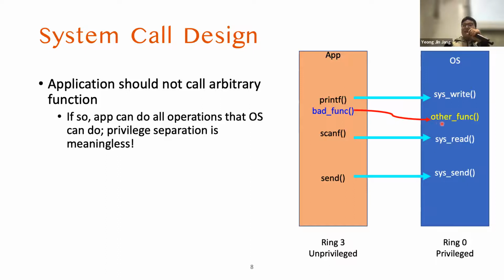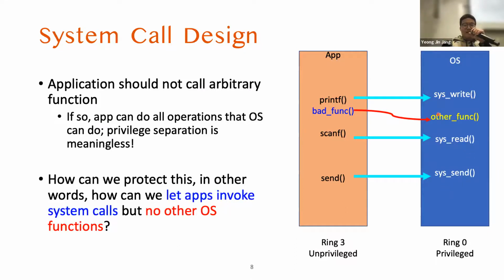If this kind of function call is possible, then the ring 3 application can do whatever the operating system can do. So we should prevent that kind of thing, and not allow it, while allowing all these cyan colored arrows. These are the right positions to make the system call, and this is not the one.